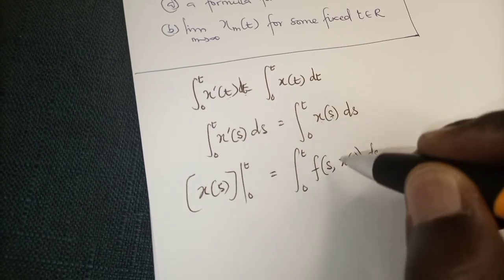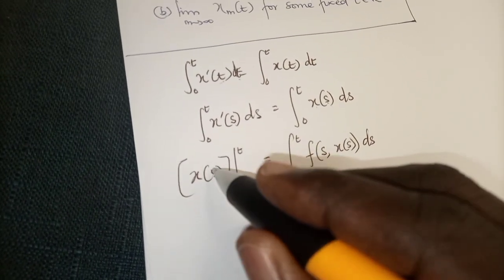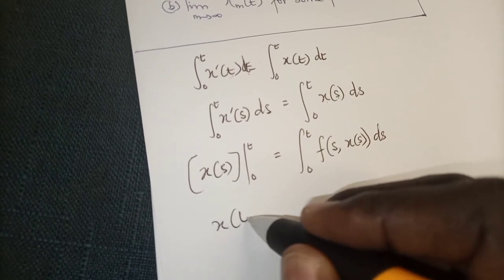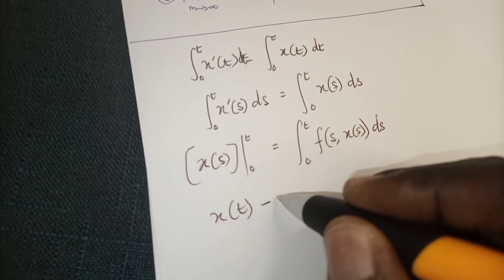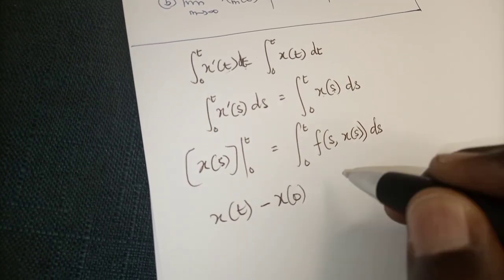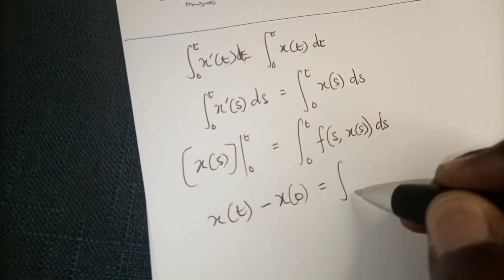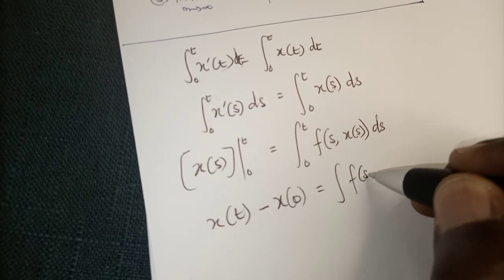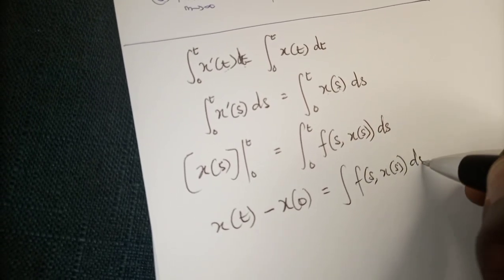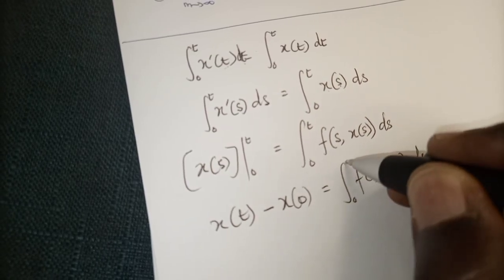So evaluating this, we have x of t minus x of 0 equals the integral from 0 to t of f of s, x of s ds.